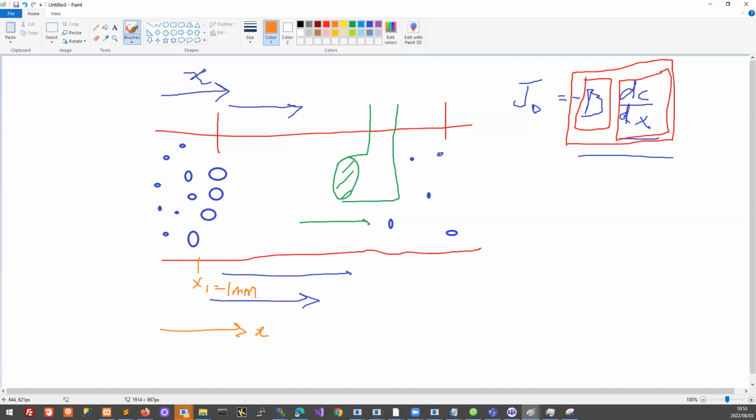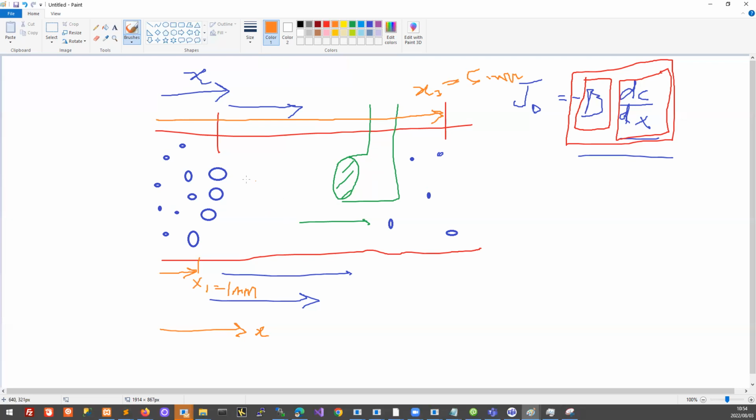And then for position X2, maybe that's here. So X2 is maybe 5 millimeters in this case. So it's 5 millimeters minus 1 millimeter. That's the distance there. Okay.